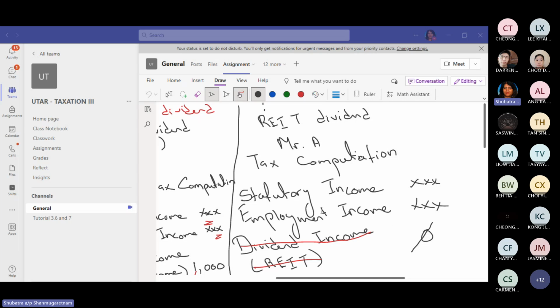So if you take 20 million from a Malaysian commercial bank, this is a resident company taking a loan from a resident financial institute, which also gives rise to interest, but the interest will not be subjected to withholding tax. The 20 million loan interest will not be subjected to withholding tax.